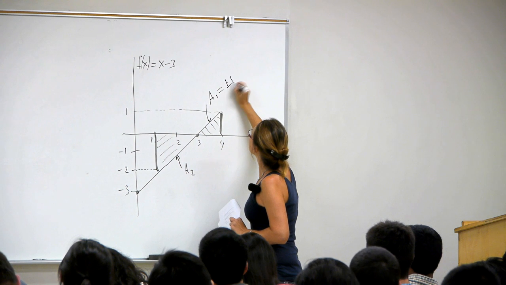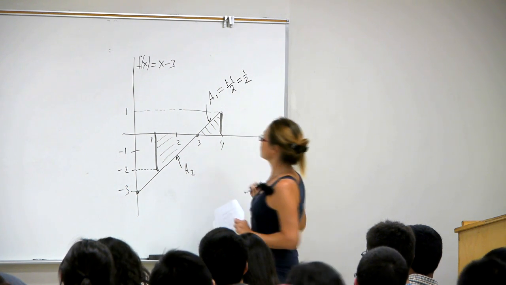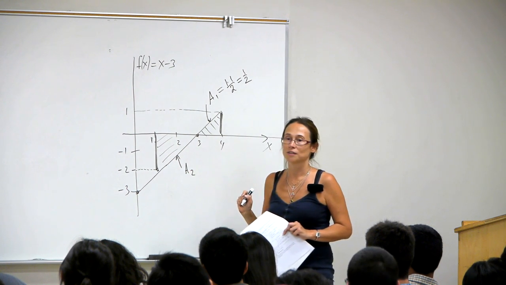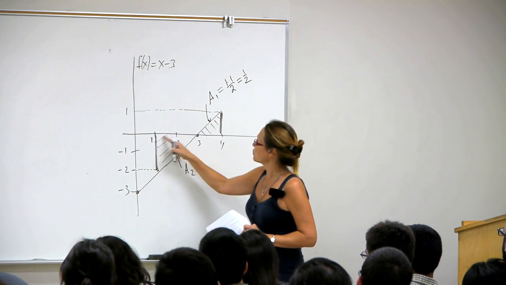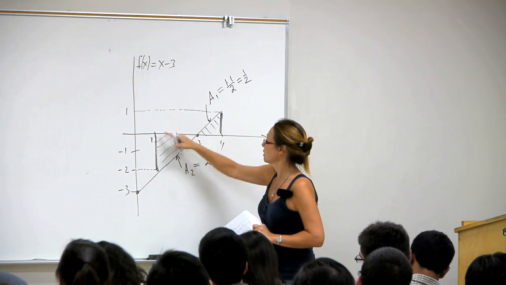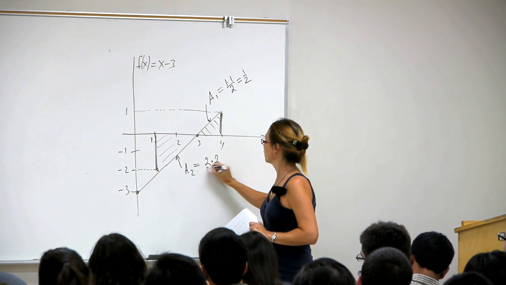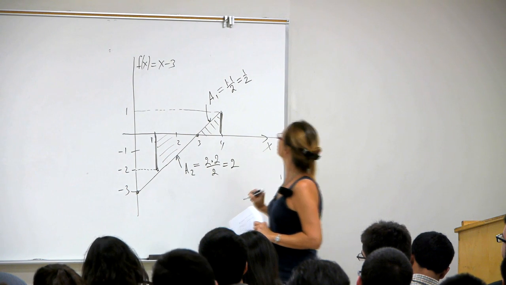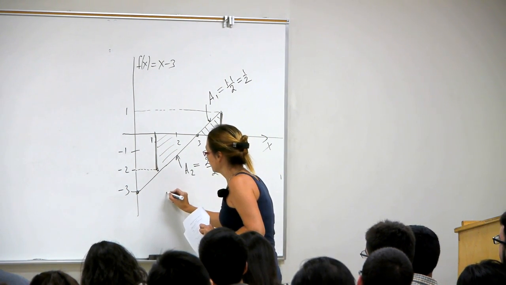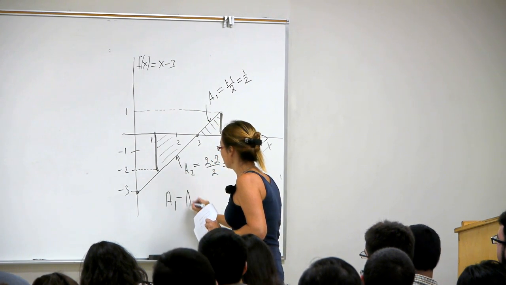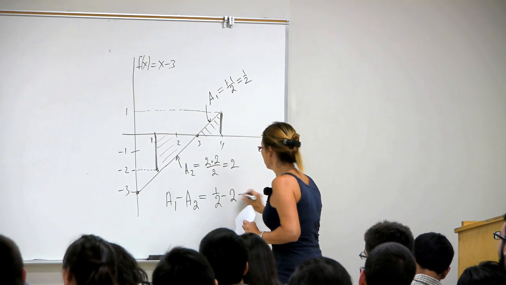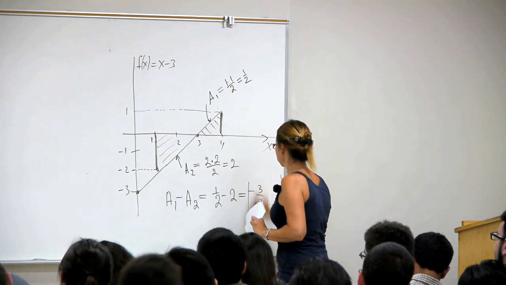So it's 1 by 1 over 2 is 1/2. This one, what's the area of this? So this is 2 times 2 over 2 is 2. So what's the answer? We have A1 minus A2 is 1/2 minus 2 is minus 3/2.